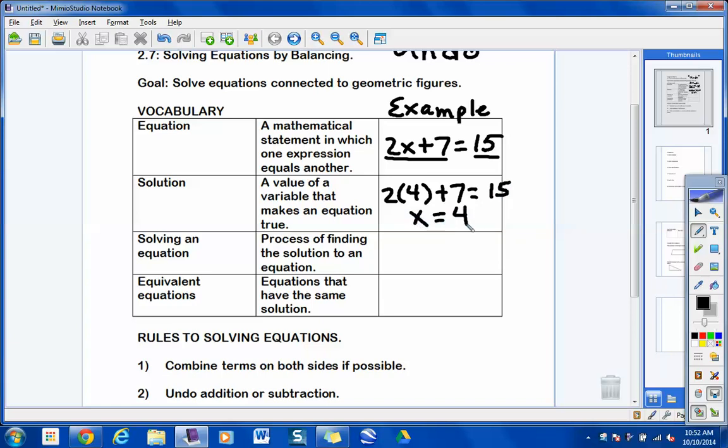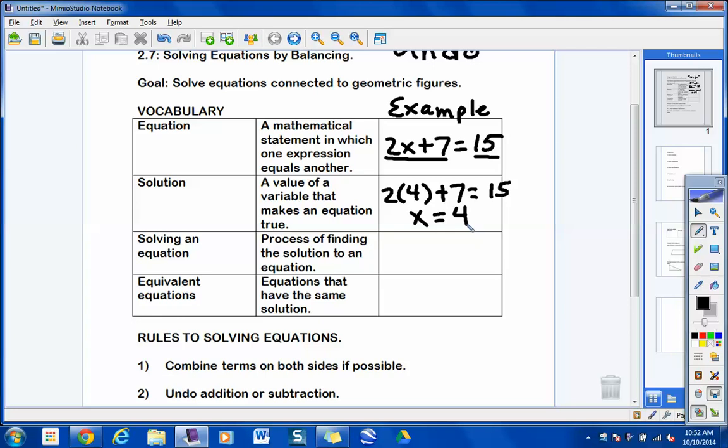Basically, 4 is the number you plug in to make the equation true. That's all a solution is. I'm sure you've talked about this before. Solving an equation is the process of finding the solution to an equation.